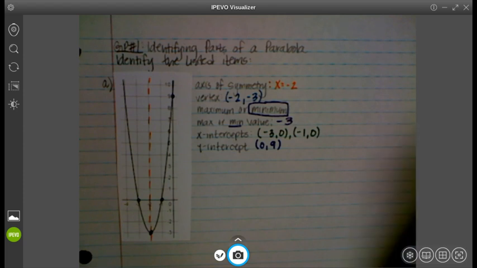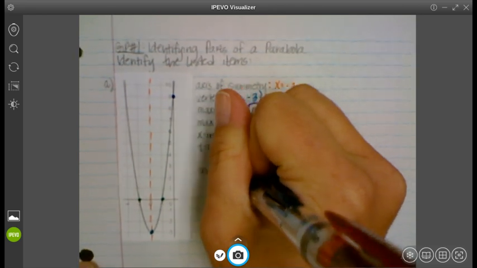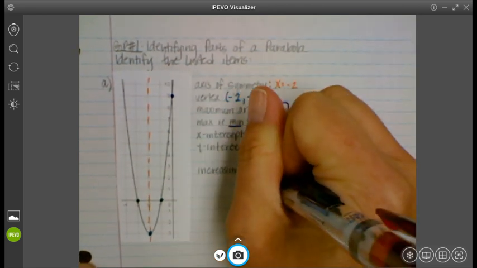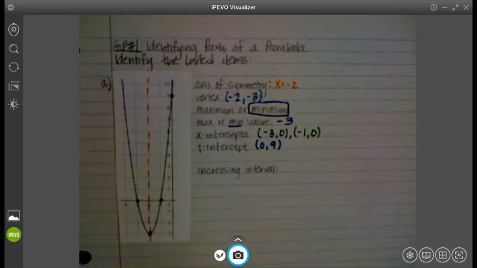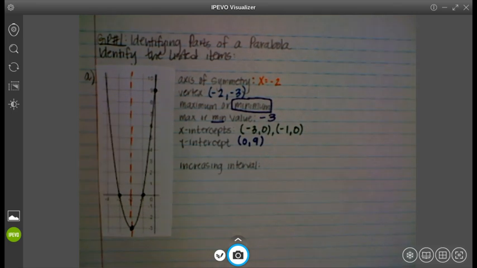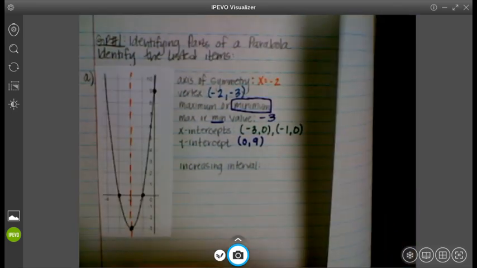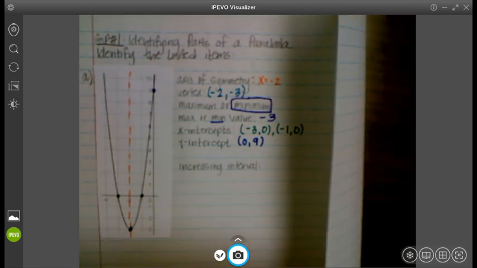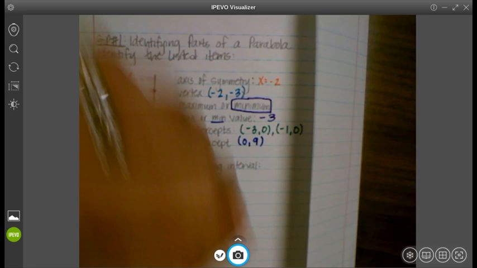Now, something that's new to us is something called the increasing interval. Now, we've heard that word increasing before. We talked about looking at our graph as it goes to the right. Is our graph increasing or decreasing? So if you take a look at this graph here, you'll see it's increasing because it's going up as it goes to the right.